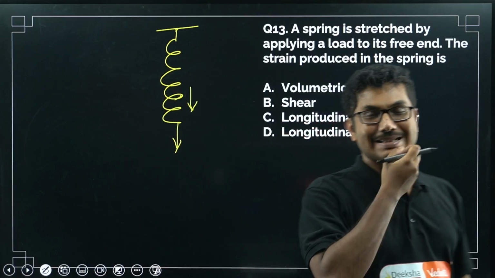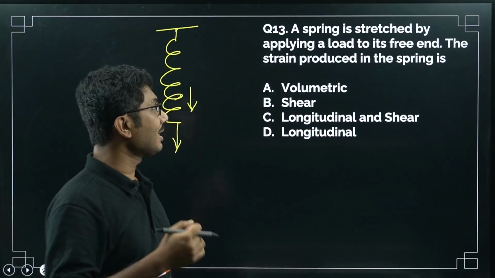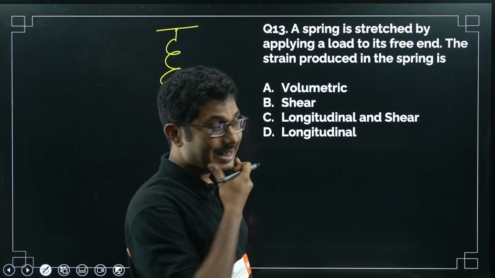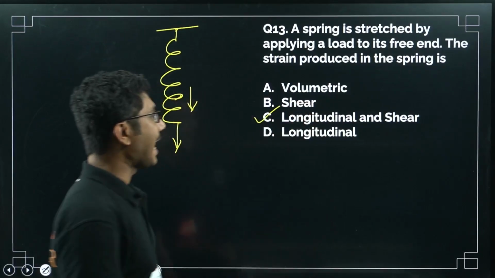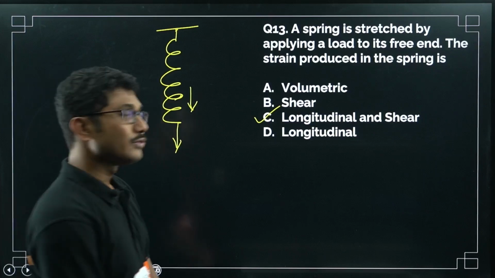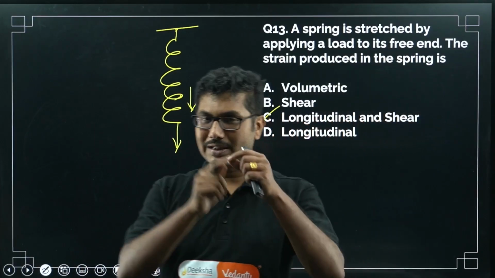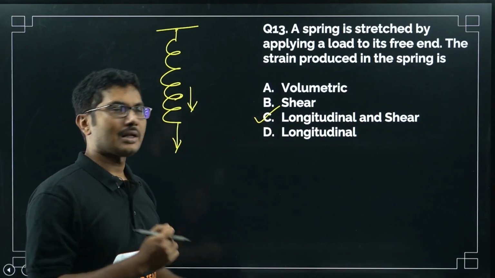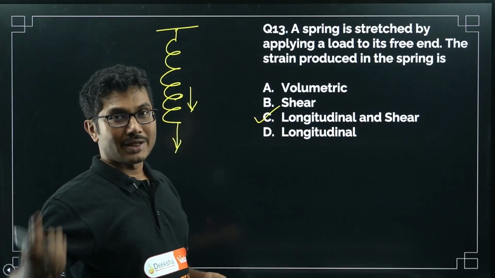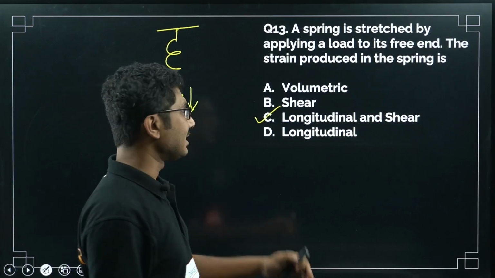So it will face angular stress as well, and we can say that the spring will suffer longitudinal and shear strain, because springs are not flat, they have a curve, so there will be an angular strain as well, which is known as shearing strain.